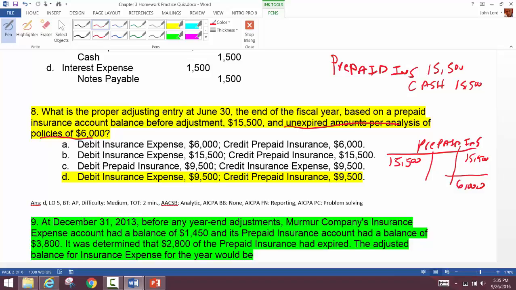How much has expired? $9,500. It's the same thing again. You had 15,500 apples. You ate 9,500. You're left with 6,000, right? Although here it's insurance expiring. So what do you do? You debit the expense. It has expired. You credit the prepaid insurance. We've seen that like 52 times now, haven't we?